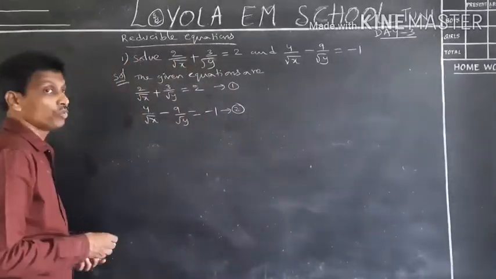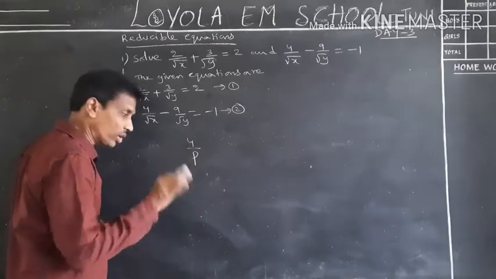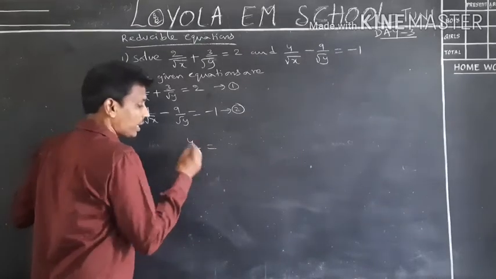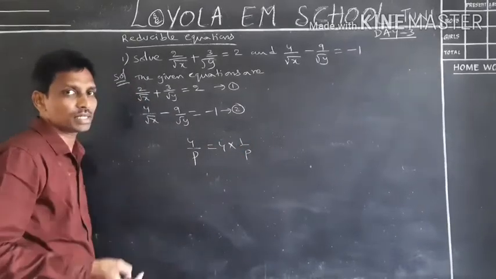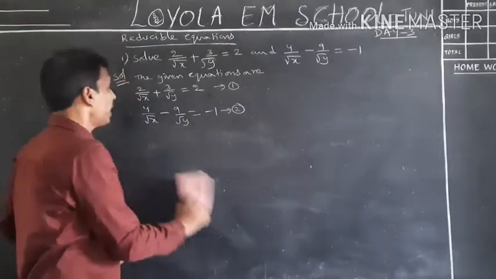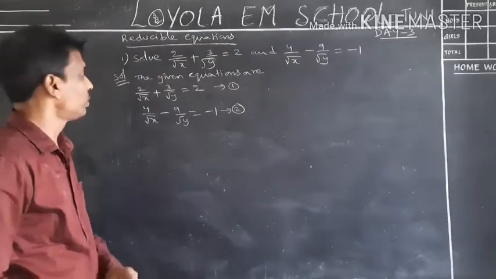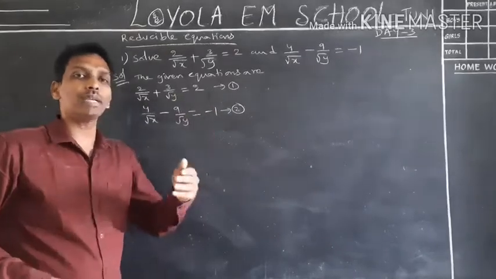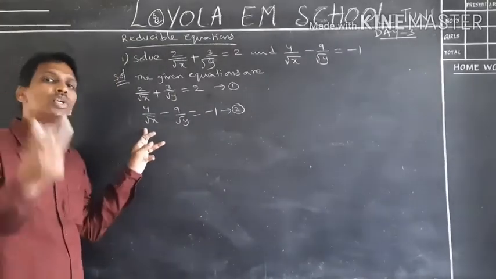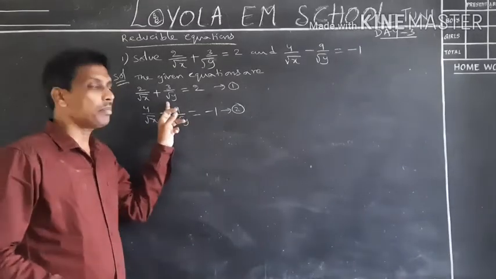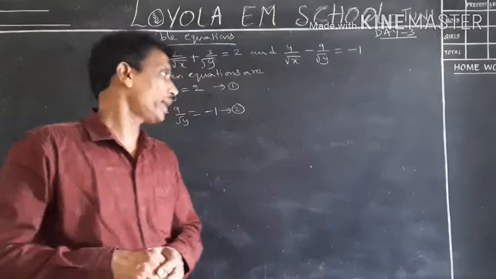What substitution would I like to take? See, for example, 4 by p is there. How can I write this? 4 into 1 by p. Can we write like this or not? In the same way, 2 by root x can be written as 2 into 1 by root x. 3 by root y can be written as 3 into 1 by root y. 4 by root x can be written as 4 into 1 by root x. 9 by root y can be written as 9 into 1 by root y.